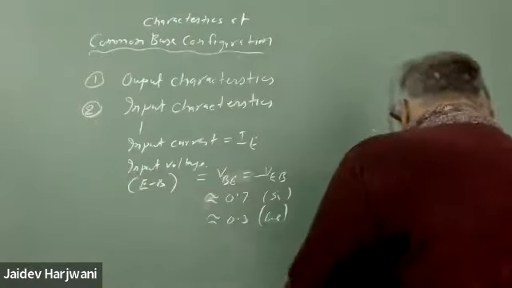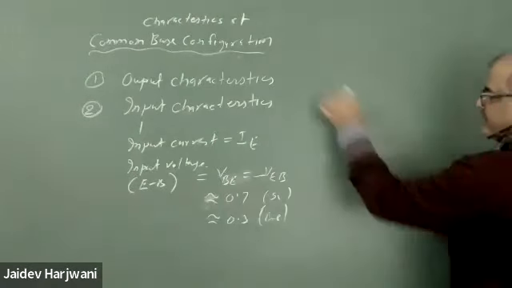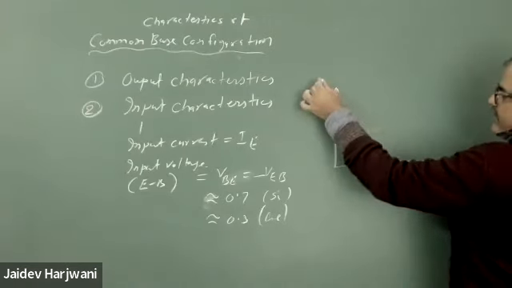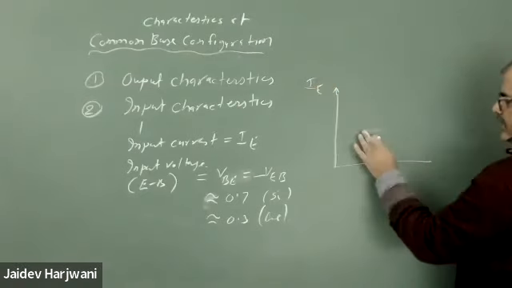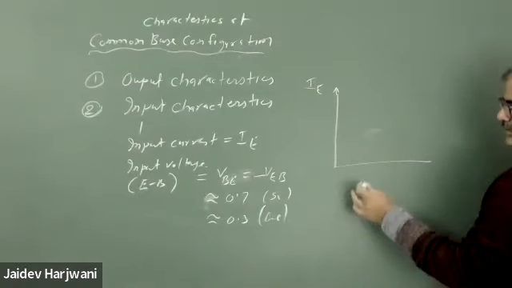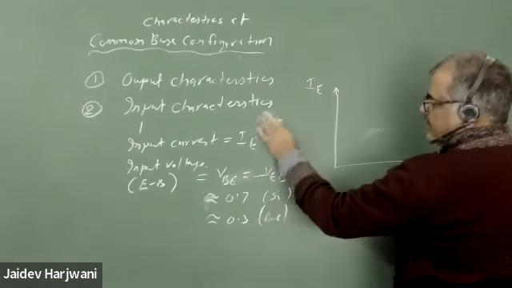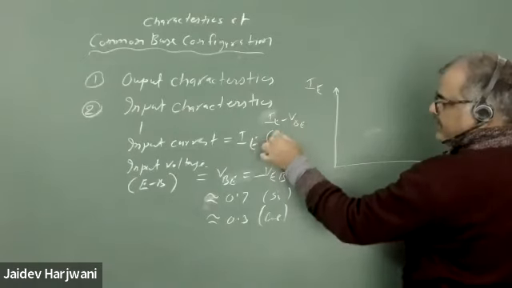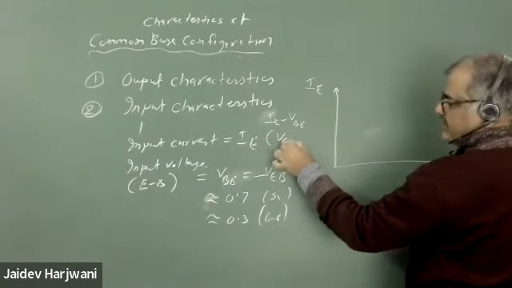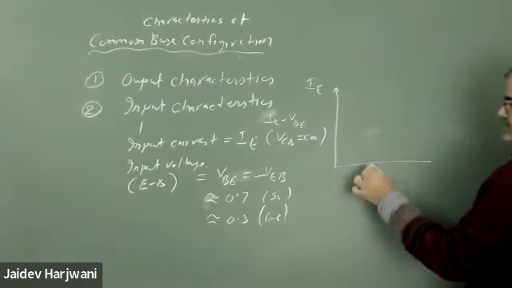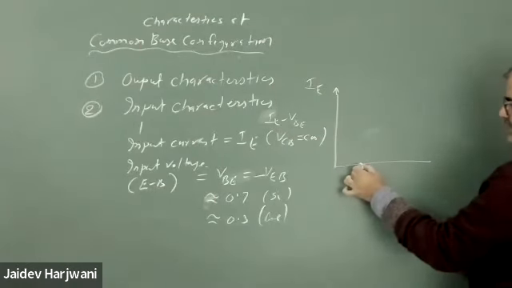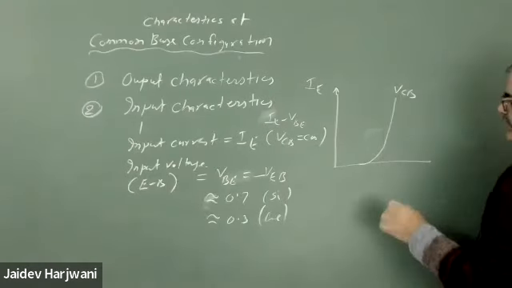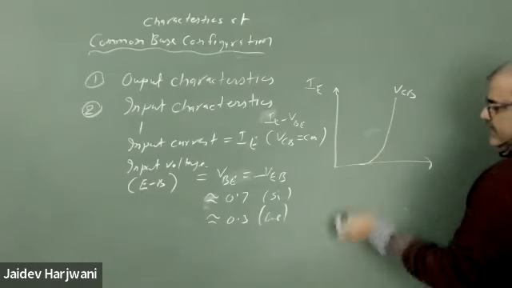Now I want to plot the IV characteristic of the input junction. I have an input current IE, and I want IE versus VBE, keeping VCB constant. So I am applying some VCB, keeping VCB at the output constant, and I am varying the current and measuring VBE.